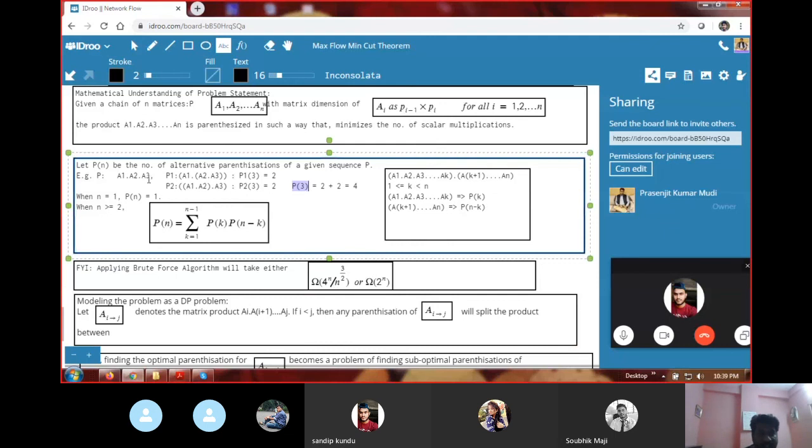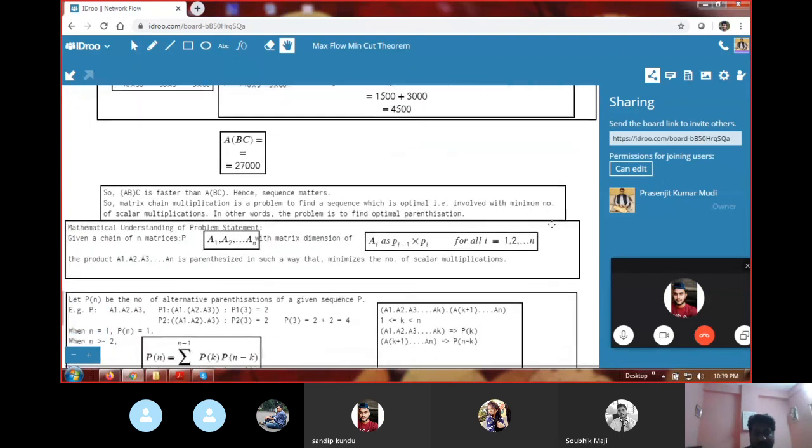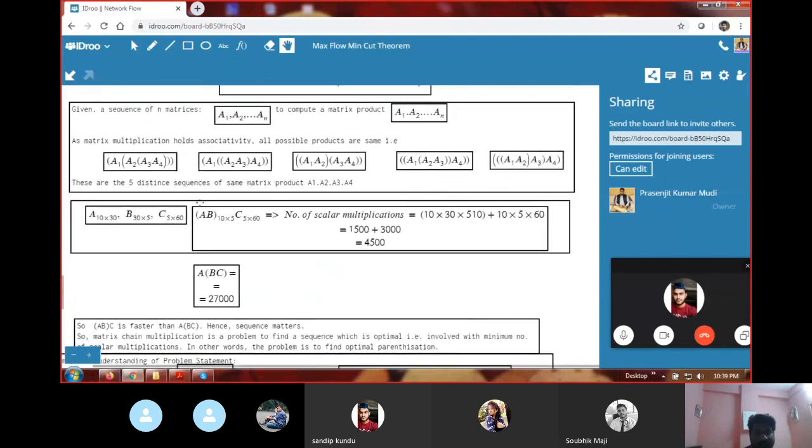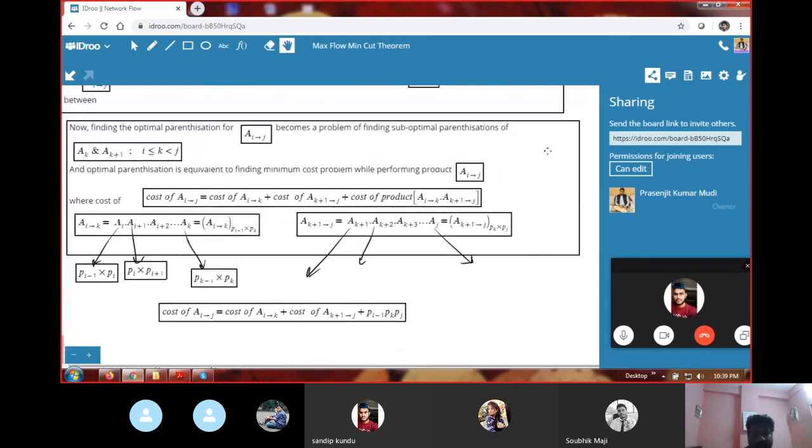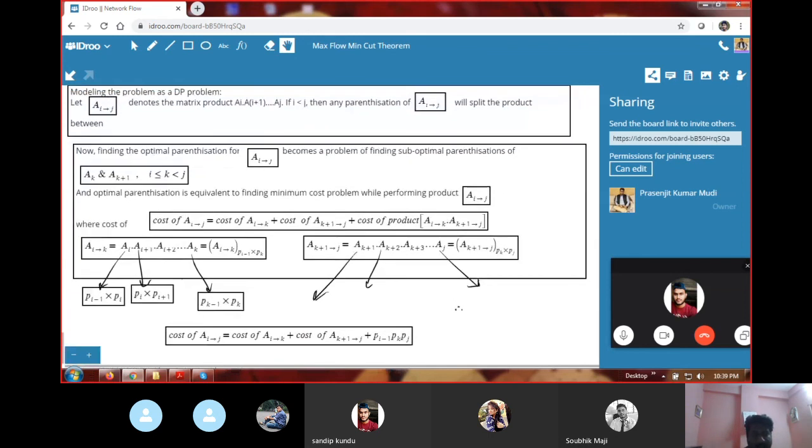If you consider four matrices similar to what we have explained here, the number of parentheses is 1, 2, 3. Here also 3, here also 3. So 3 into 5, 15. So the total number of parentheses here is 15. So that is the meaning of the total number of parentheses, Pn.